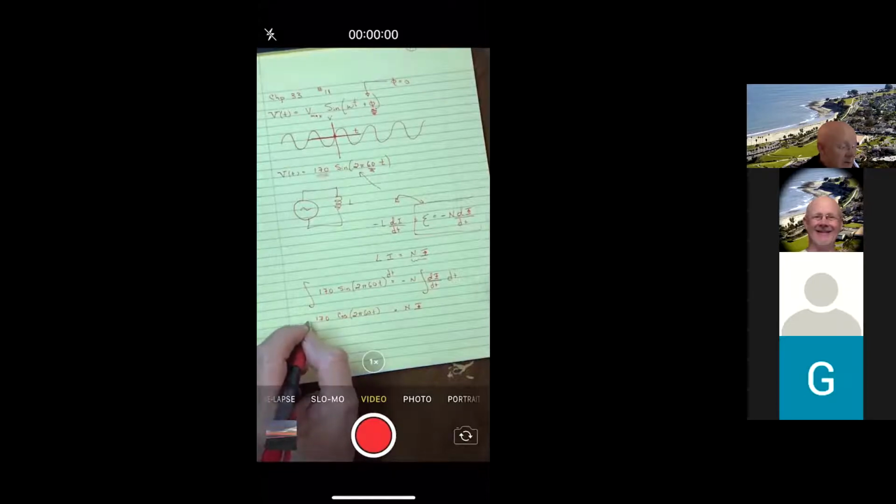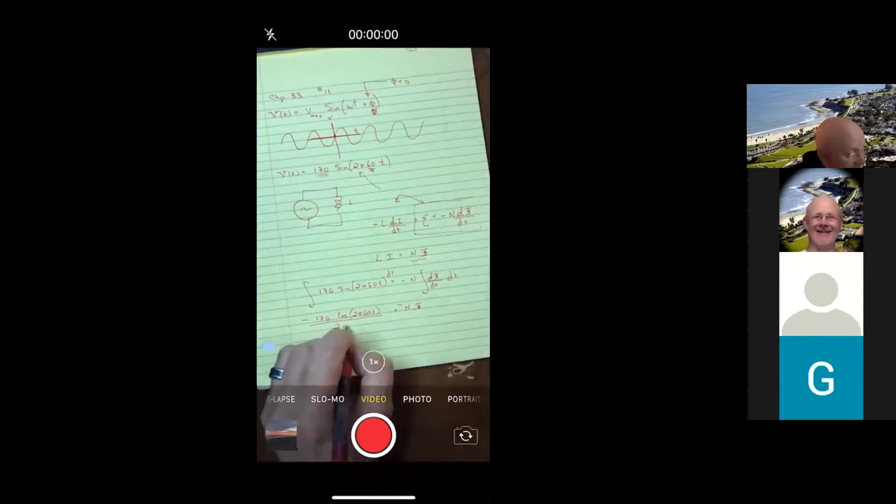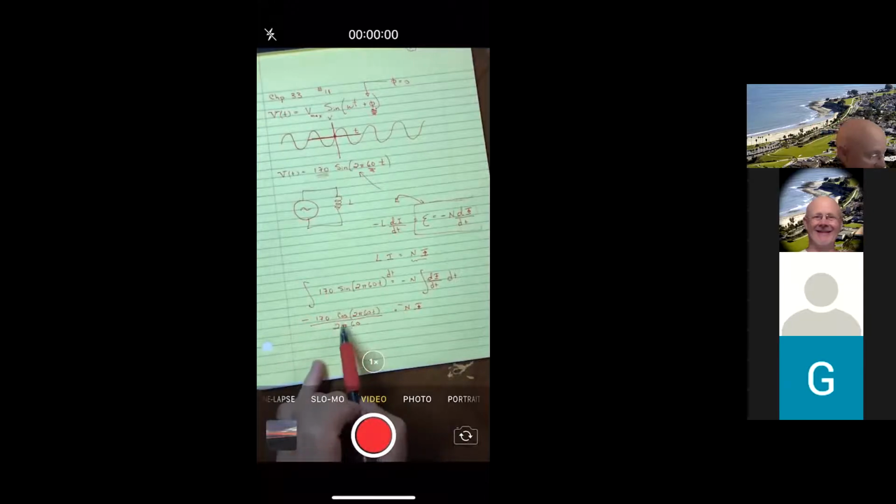Yeah, it must be a minus cosine. Although I have a minus here. And either way, I'm going to ignore the minuses. Okay. Let's see. Minus cosine would be 0, 1. Okay. And then, of course, let me not forget the chain rule. So this is 2 pi over 60. Let me just double check by taking the derivative. I take derivative of the minus cosine. So 0, 1. Okay. And then divide. Yeah. So that looks good.